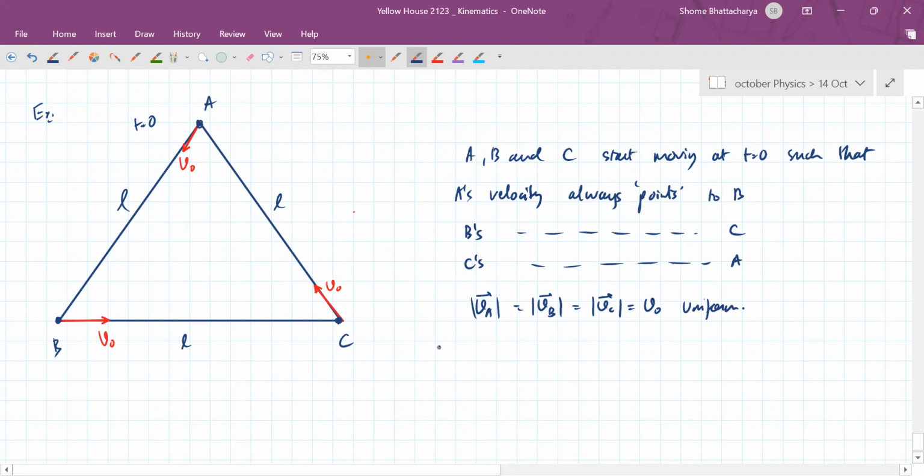So we have to find the time t at which they collide.